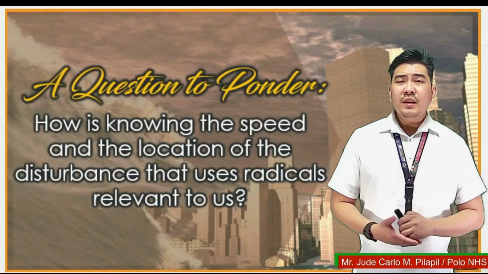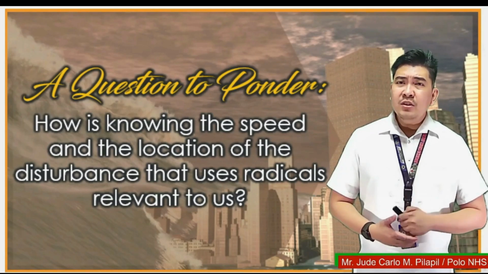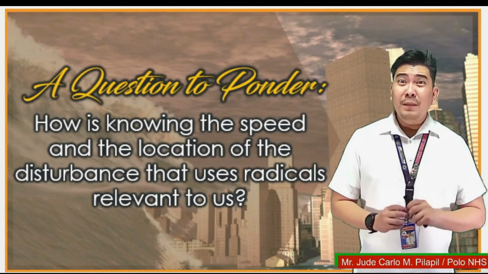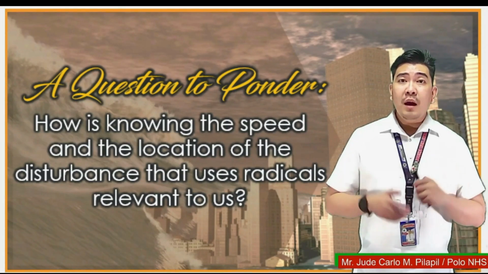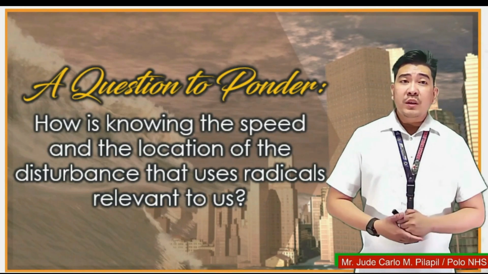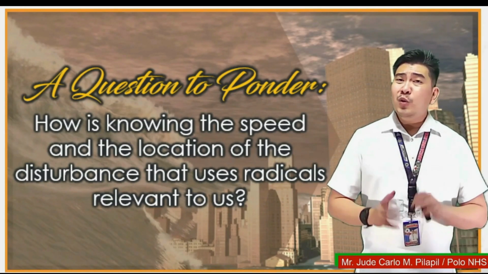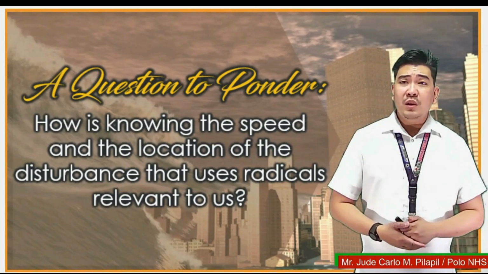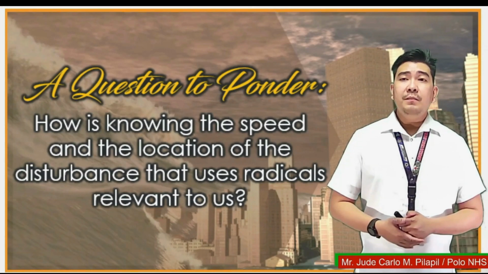The next question is, how is knowing the speed and the location of the disturbance, which applies radicals, relevant to us? Comment down your insights. This is important for us to know the span of time for the preparation to evacuate to higher grounds. Same for those who reside near our city.